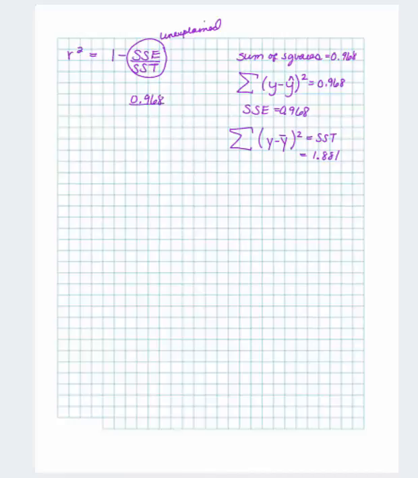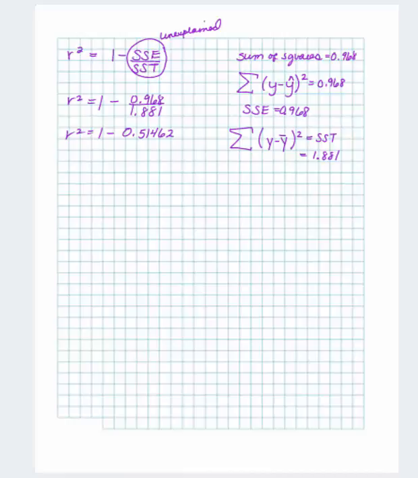So if I calculate this SSE over SST, I would get 0.968 over 1.881. And when I do 0.968 divided by 1.881, I get 0.51462.